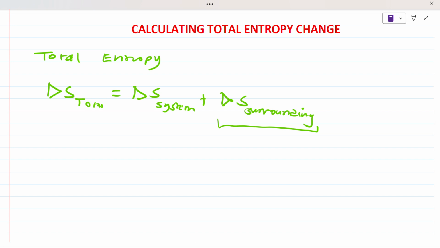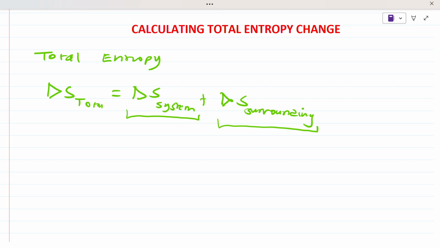And the entropy of the system is just the particles undergoing the reaction, and we need to know the relationship whenever we are trying to calculate total entropy of a given reaction. So that's the formula that we use whenever we are calculating total entropy of a given reaction.